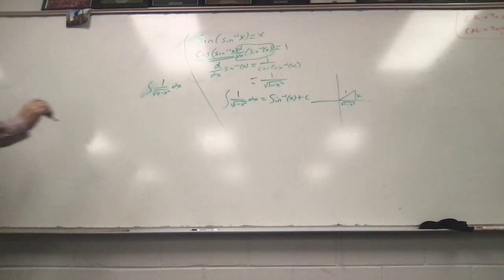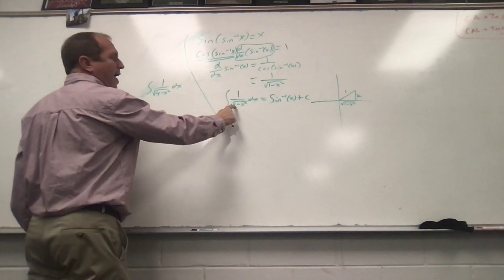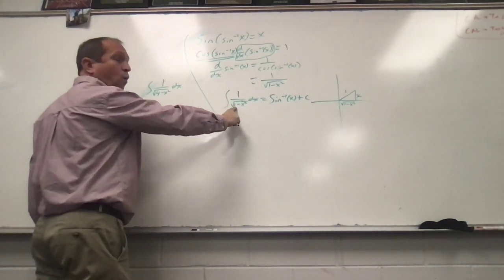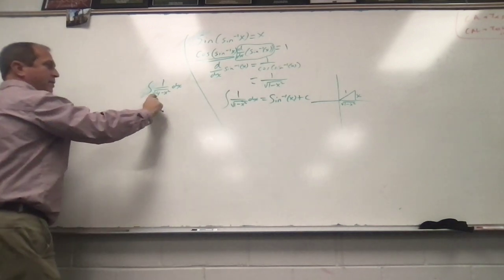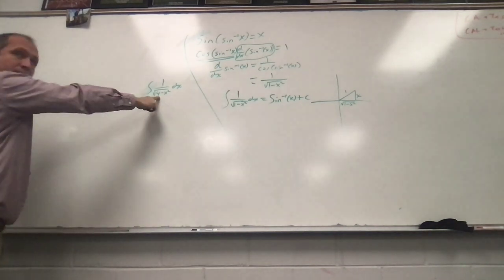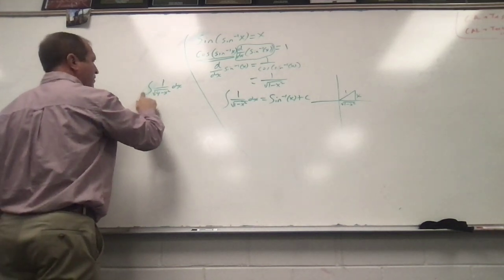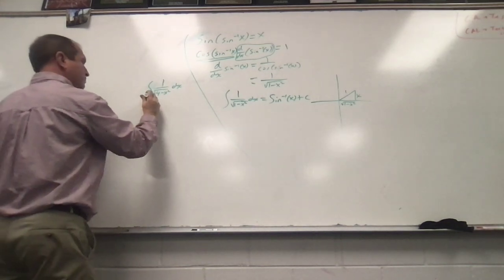Well, the trick with this is I need this number right here to be 1. And this number right here is not 1, right? So I have to do a little bit of maneuvering with this.